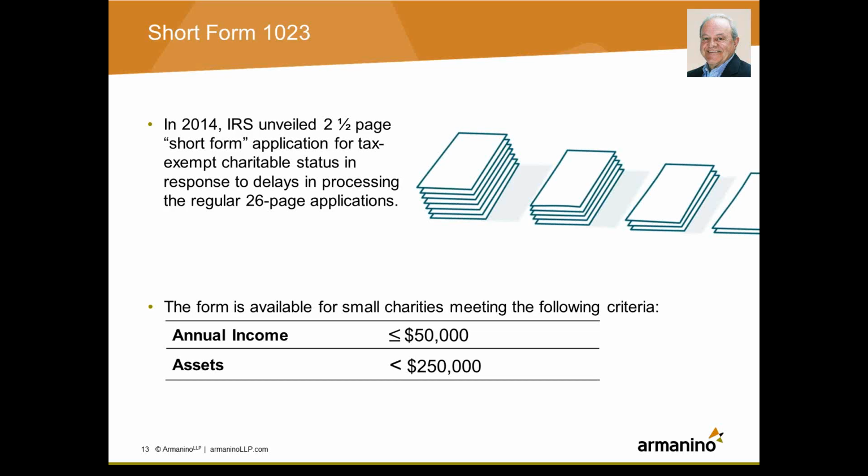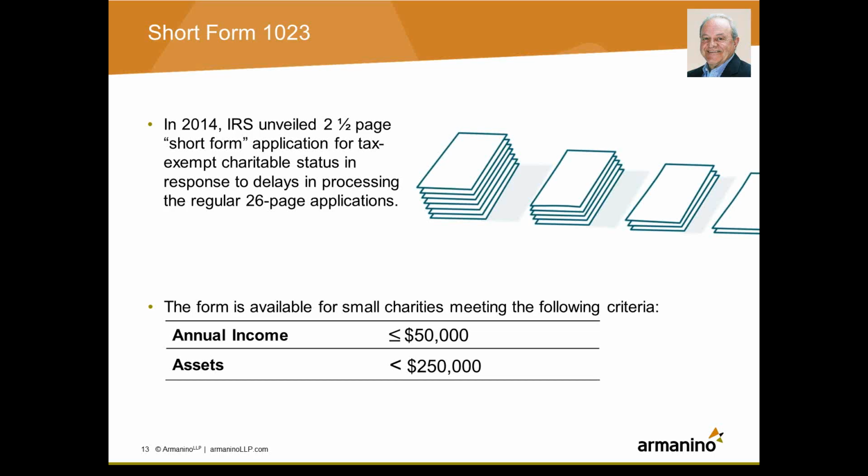So their focus was on small organizations, and one of the bright ideas was, why don't we put a very short form application for tax exemption together for organizations that expect $50,000 or less in annual revenues and would have assets below the $250,000 level.